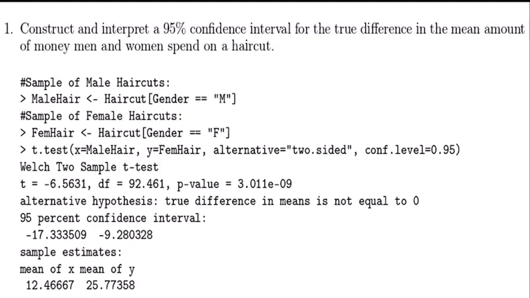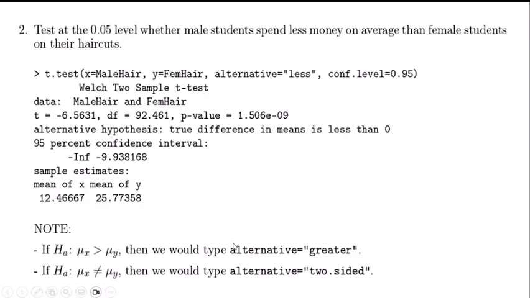So that is how we obtain that. Like I said, if you want to conduct hypothesis testing this time, to test at the 0.05 level whether male students spend less, because they say less, you indicate t.test, and the alternative is going to be less.